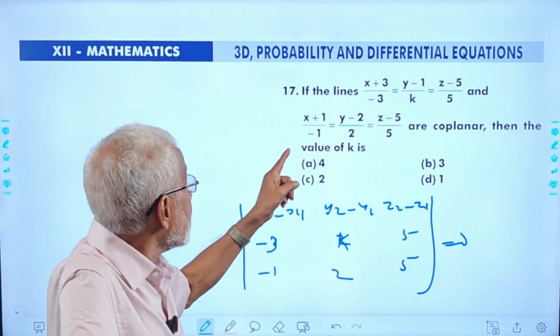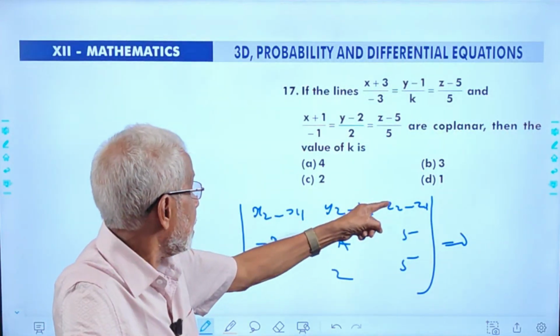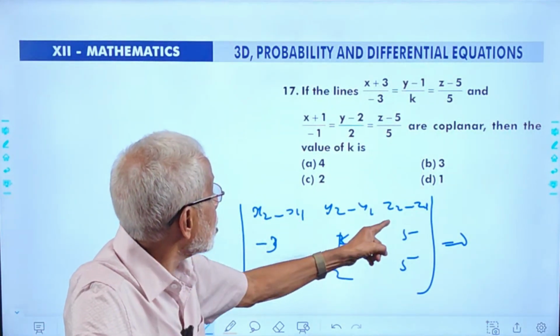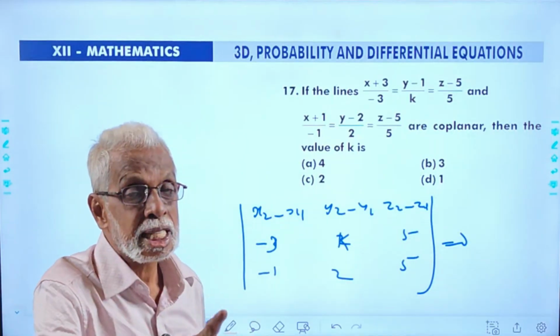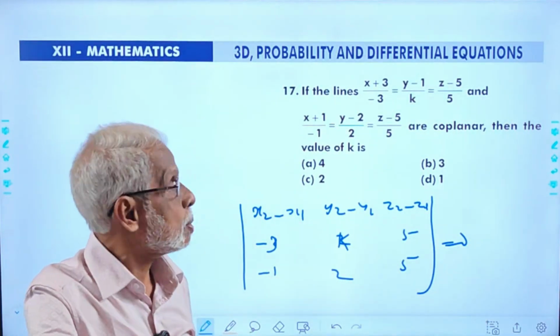Then x2 minus x1, y2 minus y1, z2 minus z1, then direction ratios of the first line, direction ratios of the second line is equal to 0. That is the condition for coplanarity of lines.